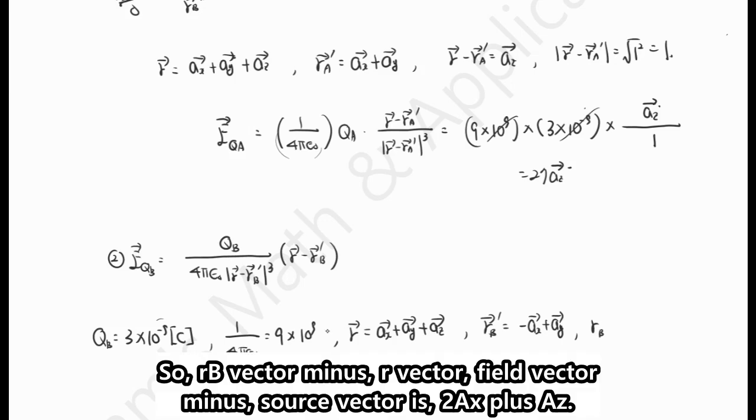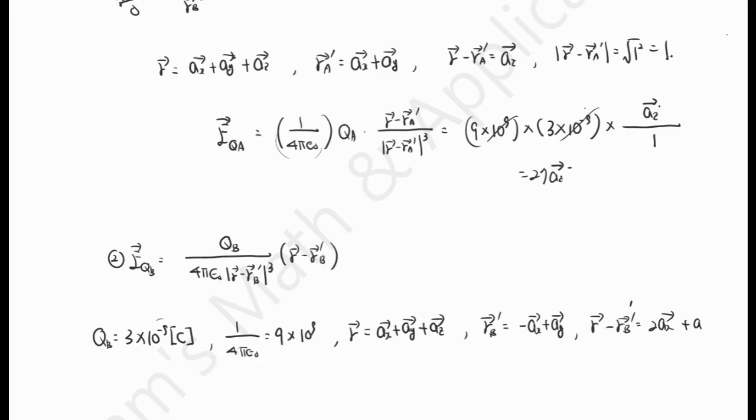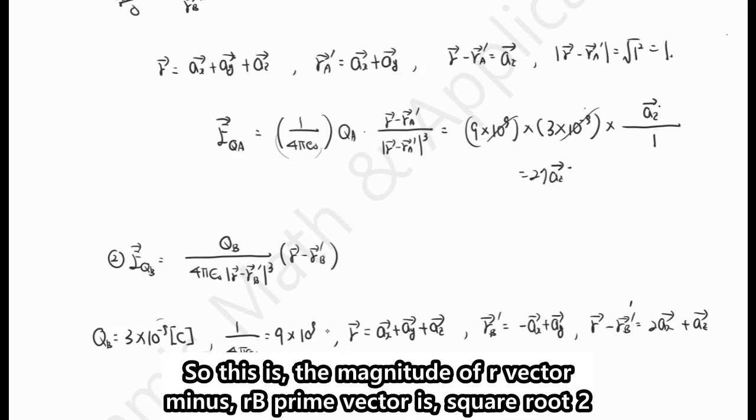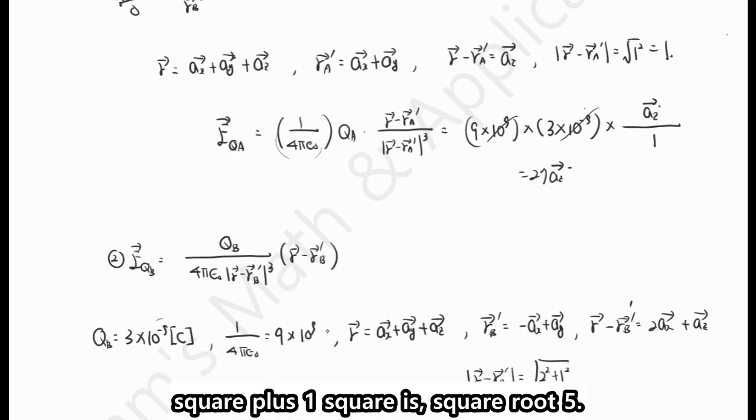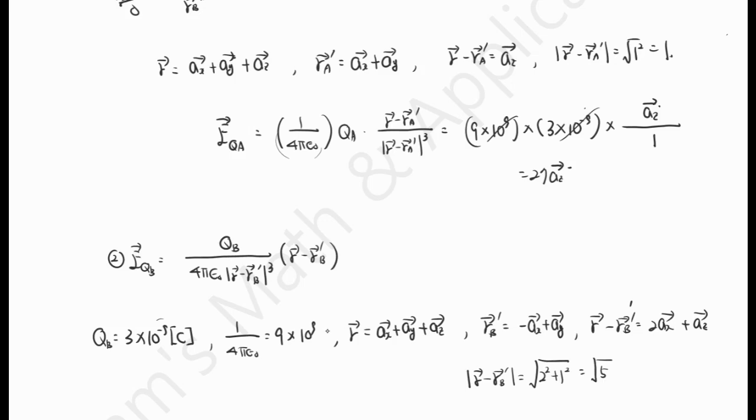So field vector minus source vector is 2AX plus AZ, right? The magnitude of R vector minus RB prime vector is the square root of 2 squared plus 1 squared, which is the square root of 5.